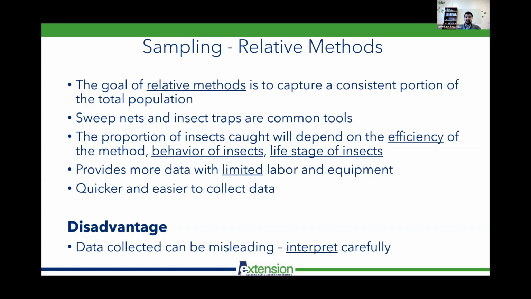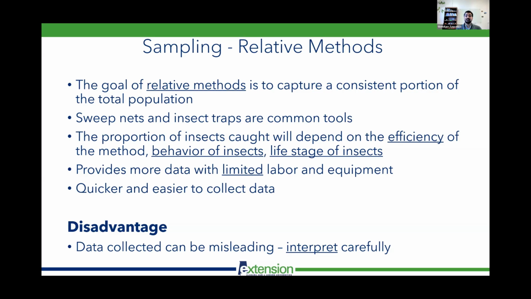Now, the advantage is we can get more data with limited labor and equipment. So if you're dealing with several acres of crops and you want to be able to look at different areas of a field, or even a larger field like several hundred acres of cotton, you can use these methods to be effective there.